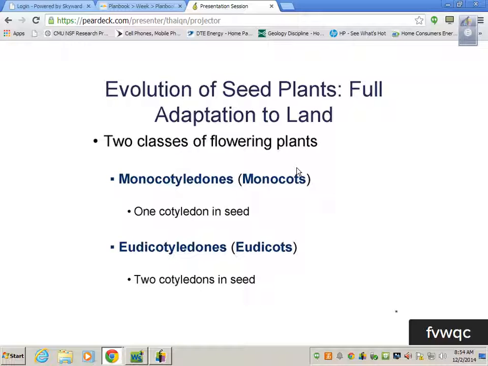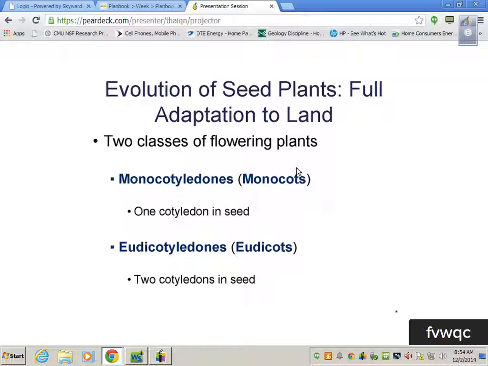So there are 2 classes of flowering plants. There are the monocotyledons, also known as monocots. Have you guys heard of monocots before, at least? No? Did you guys talk about monocots in middle school? No? It should sound familiar, at least. So this is where there's one cotyledon in the seed.